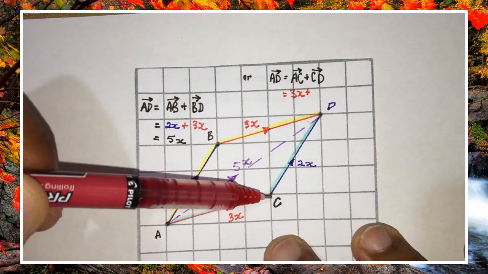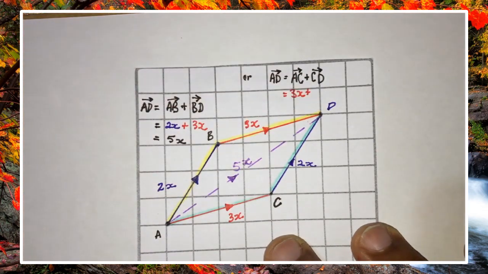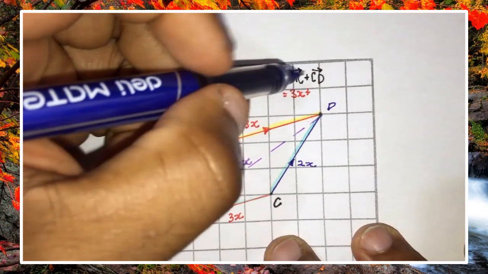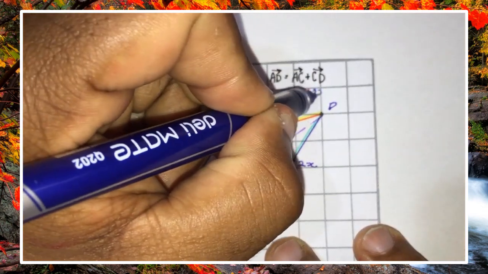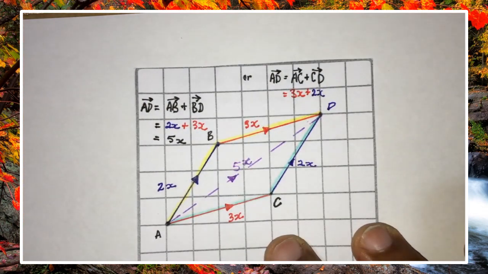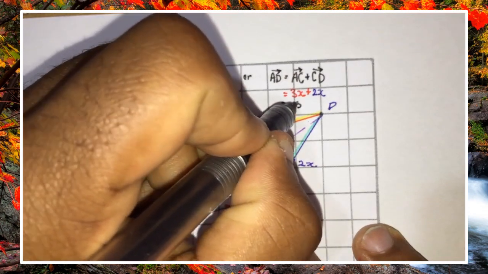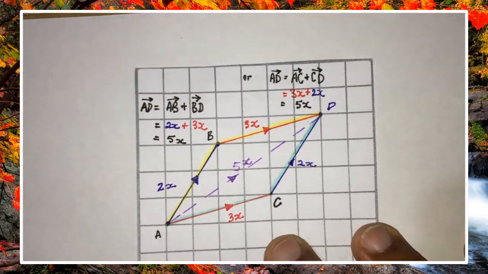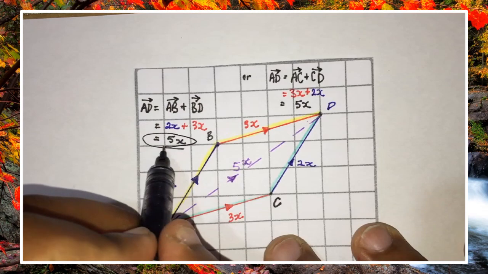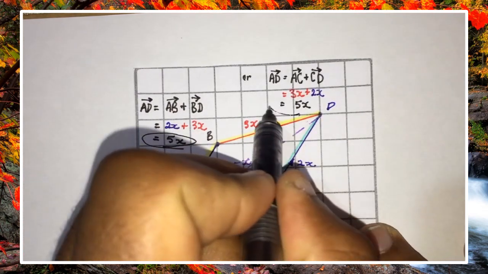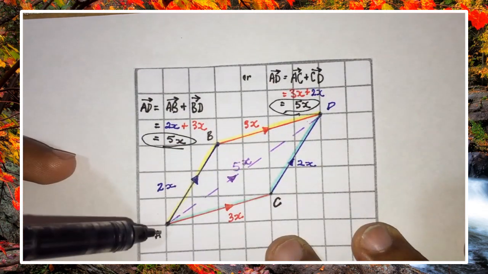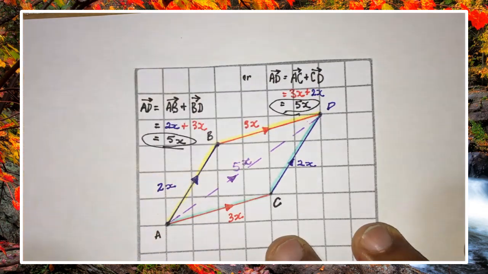And with CD, I'm traveling with the vector, so it's going to be positive, and that's 2x. Again, you have 3 x's and you're adding 2x. You get 2 more x on top of that. So you have in all 5 x's. See? The same 5x that is here and the same 5x that is here. So it's telling us that A to D, that trip, would be 5 x's in all.